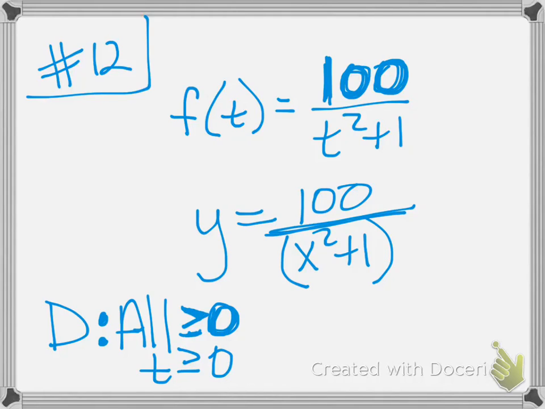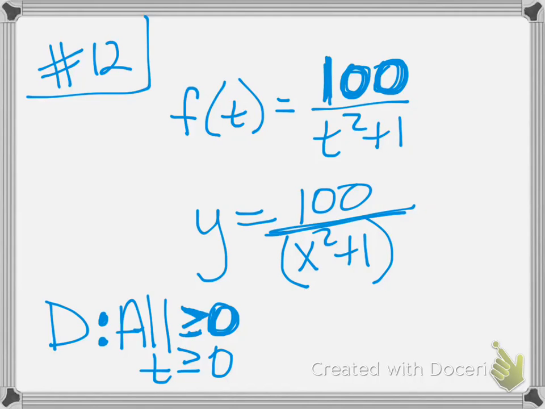Now we're going to look at our range. What is the highest number of our range and what is the lowest number of our range? Well, if you look at your graph, which may be difficult to see, it goes above the x-axis. And it has a highest point, and that highest point is actually at 100.